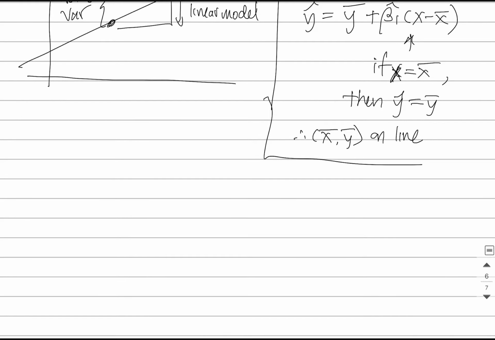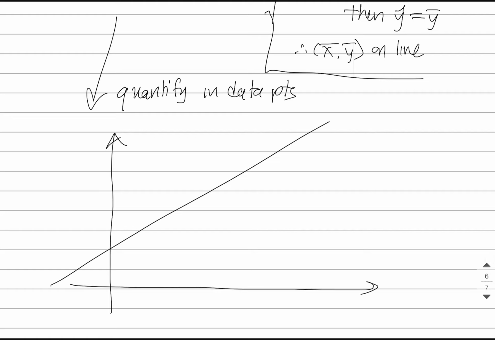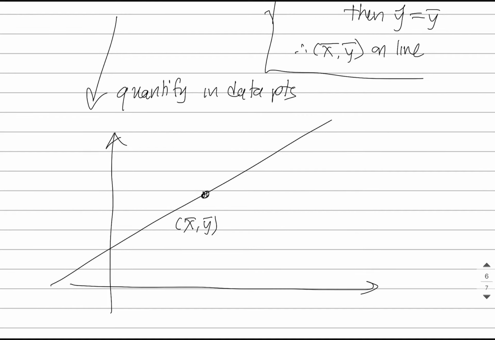We're going to use that to try to quantify this a little bit more, and we're going to quantify in terms of data points. So again, just for reference, let's say here's my line. Now I know that the point x bar, y bar has to be on that line. It's always there.